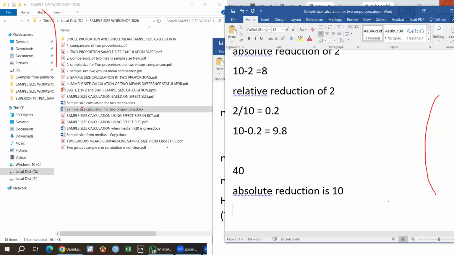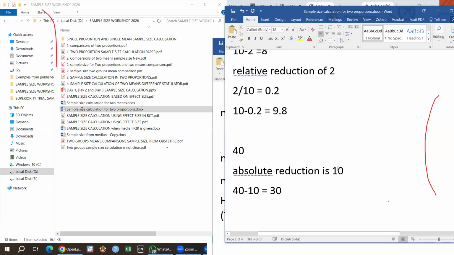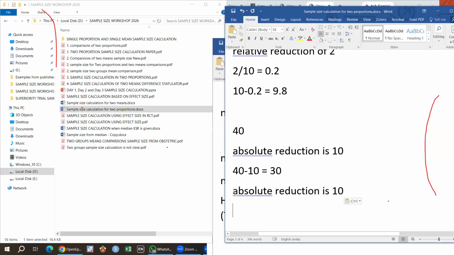So what will be the answer? 40 minus 10 is equal to 30. But here, if I write down a relative reduction of 10, so a relative reduction of 10 out of 40.